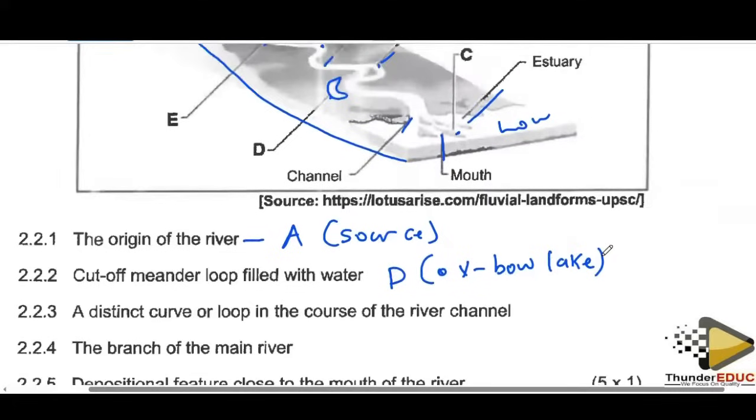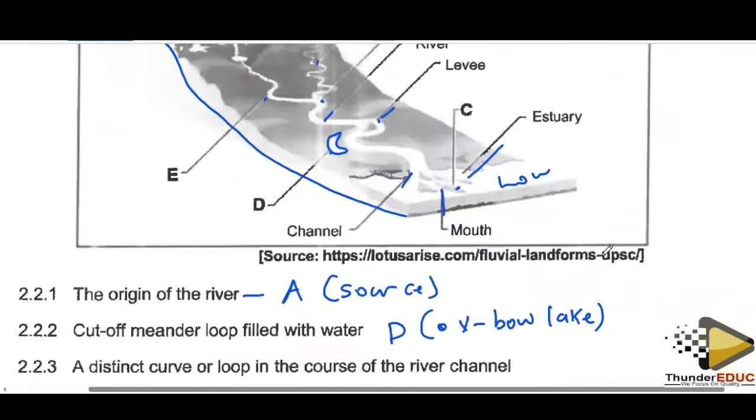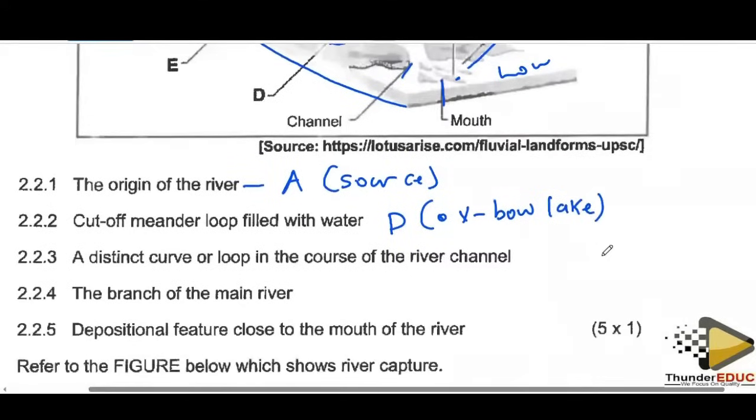All right. Then we go to question 2.2.3, a distinct curve or loop in the course of a meander channel. A curve in the course of a meander channel. All of us know that when we talk about a curve, they find something like this. This is a curve. This is another curve.